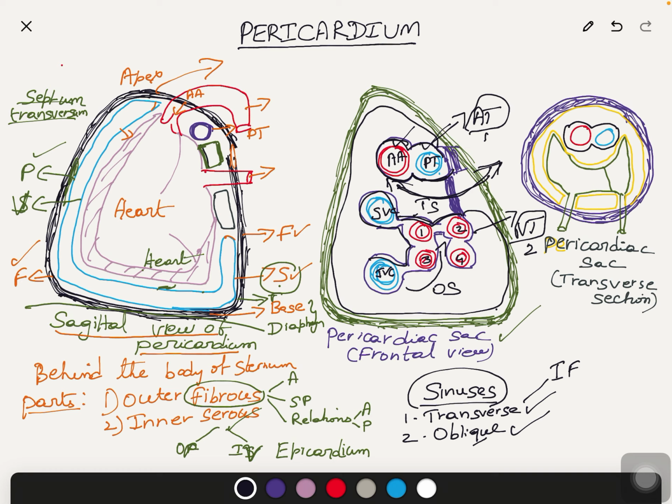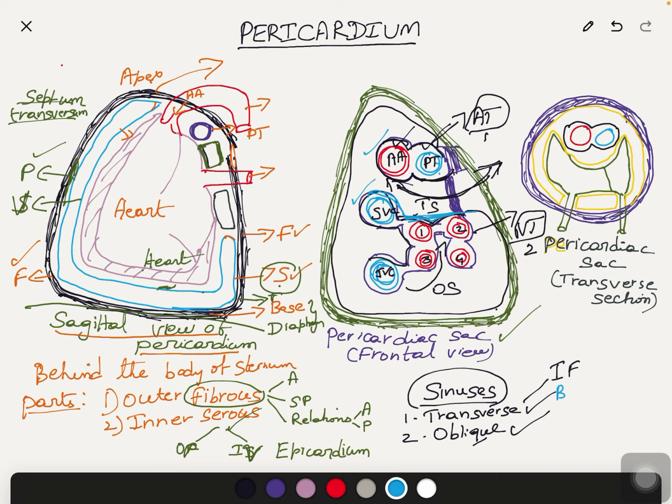Behind, we have the intrapericardial part of the superior vena cava and the upper margin of the left atrium. The left atrium contains the 4 pulmonary veins. So these are the relations in front and behind of the transverse sinus.